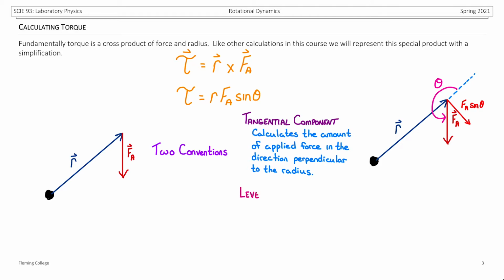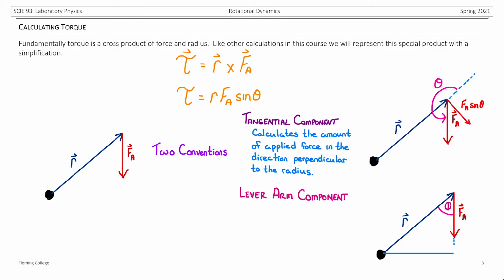The other convention is the lever arm component. This is the one that your textbook describes. The angle in the lever arm component is the smaller of the two angles between the radius and the force applied. Here I'm representing it with the Greek symbol phi.